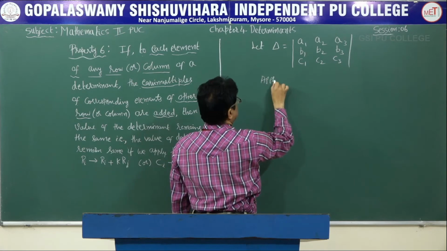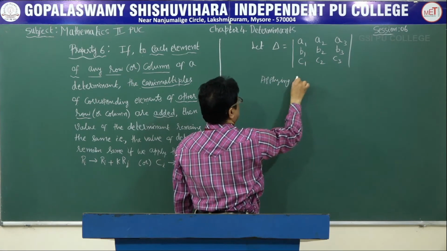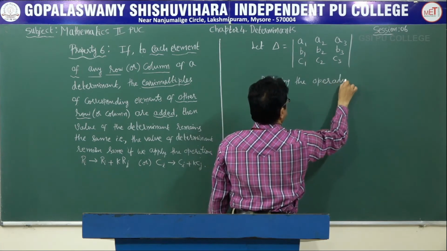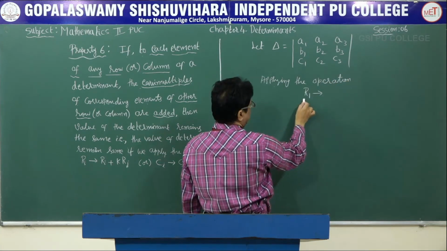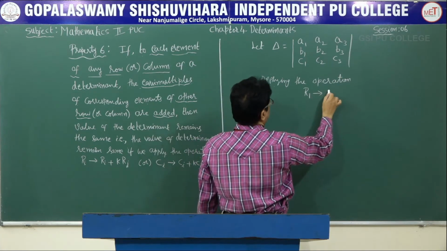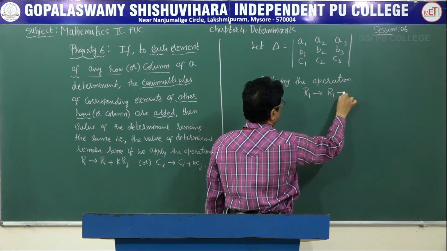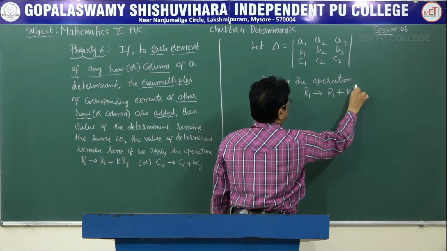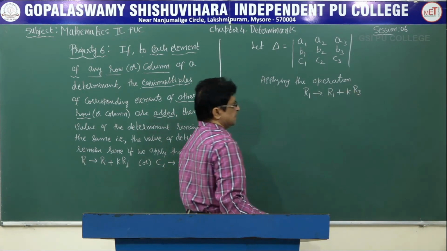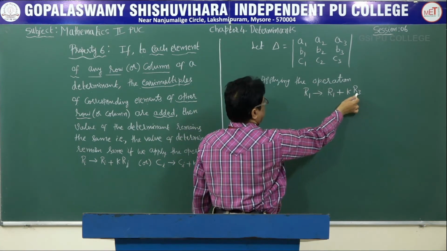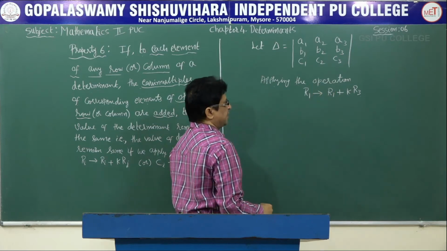Applying the operation R1 to R1 plus K into R3, that means I am multiplying some constant to R3 and adding to R1.